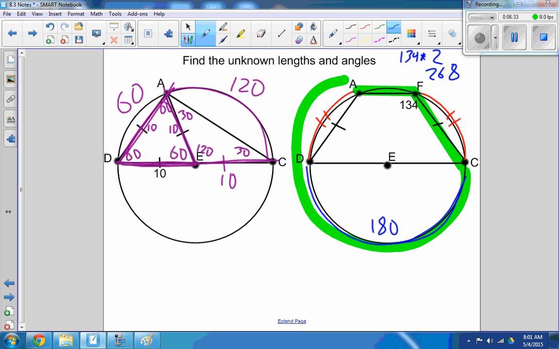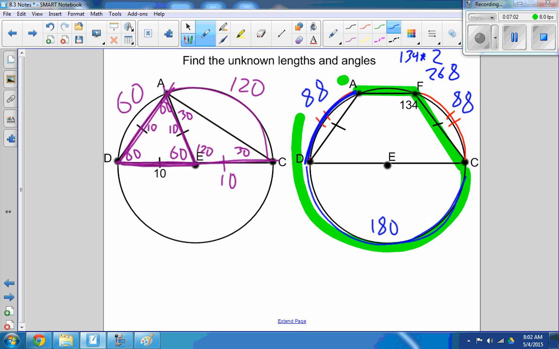So subtract 180 degrees, and we end up with this arc being 88 degrees. So that means that this arc is also 88 degrees.